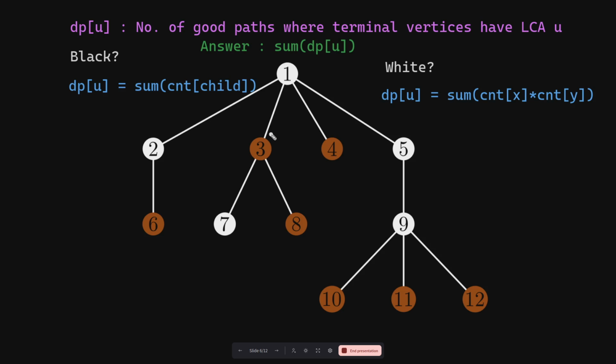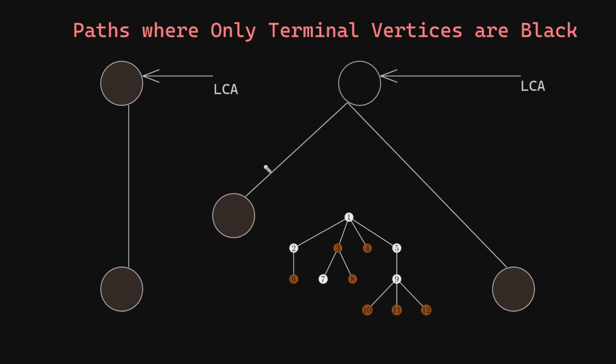If a node is black, then it is already one of the terminal vertices of the path, because as we saw in the previous slide, the LCA will always be white, and it will only be black when the path is a straight line. So if a node is already black, we can prepend this node to all the downward paths that end at a black vertex.